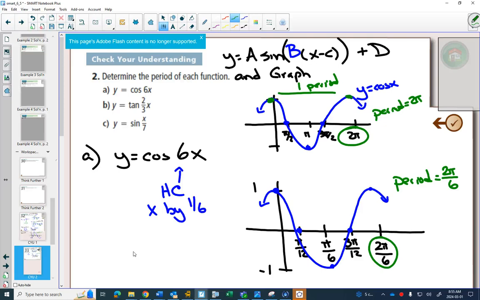So you have to somehow remember that B affects your period. However, you can remember that your B value affects your period. Or if you say it a little bit wrong, period, maybe you'll remember. So A affects the amplitude, B affects the period.